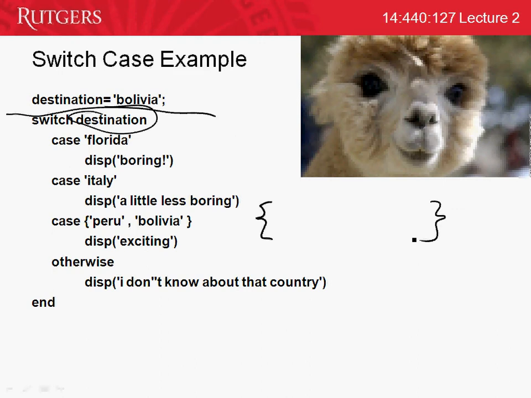If the variable destination contains either of those options, then we'll display exciting, which is what would display in this example. And then if destination contained not Florida, not Italy, not Peru, not Bolivia, but something else, our program would display, I don't know about that country.